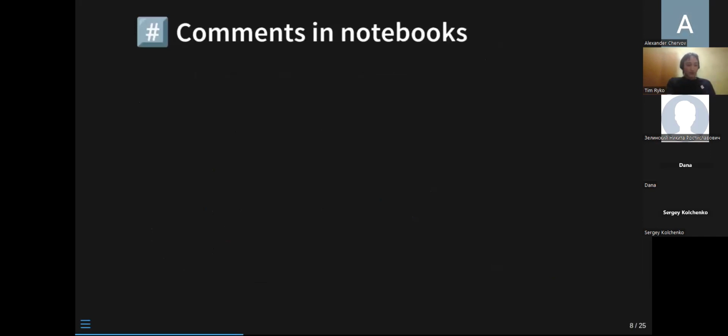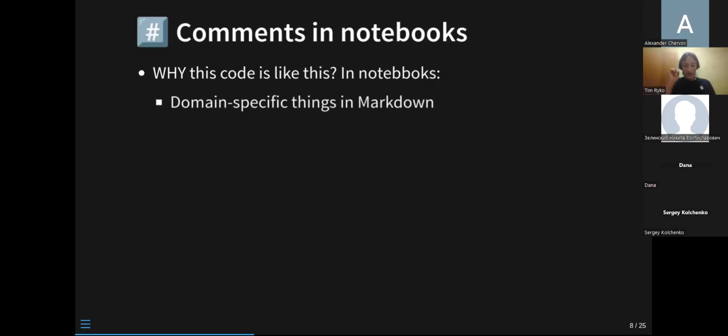Also, a few words about comments in notebooks. Generally, comments should answer the question why this code is like this. And some specific things about Jupyter notebooks, which we all like, kind of default for us: I believe it makes sense to place some domain-specific things in Markdown.